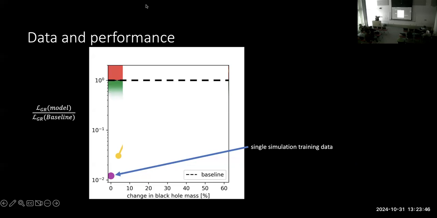And as you can see, if I change it 4%, of course, the performance becomes worse and worse the further I go away. At some point, I'm actually worse than just normal interpolation effectively. And so this is pretty cool in a way.